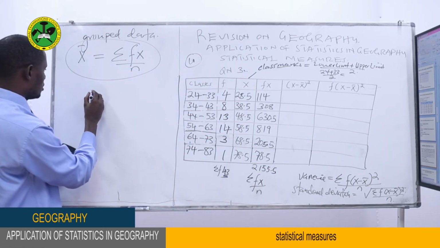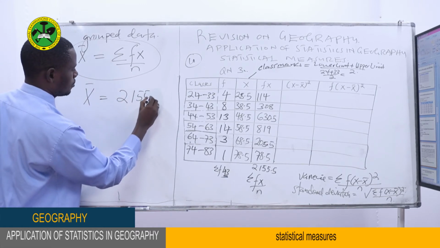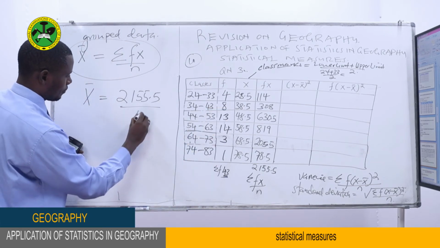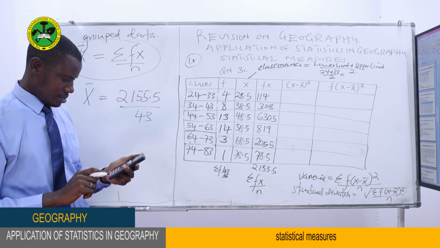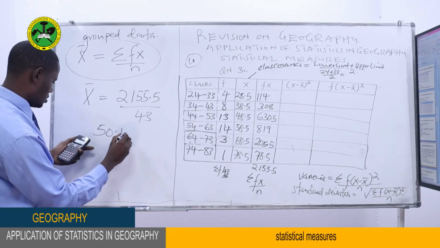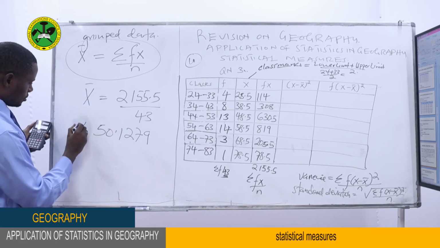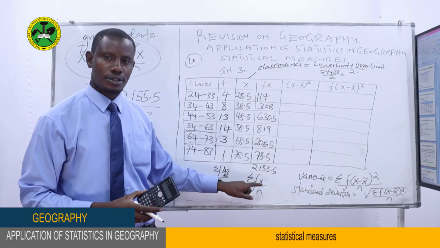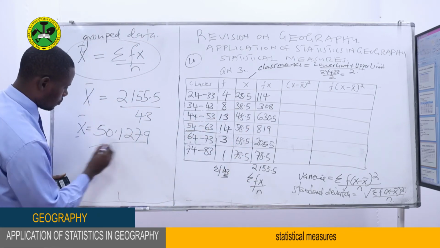So the mean for that particular case will be 2155.5, then we divide by n, that is 43. If we divide by 43, we'll come up with 50.1279. So this is our mean. So already we have the mean for the class. So the mean for the geography scores was supposed to be what?